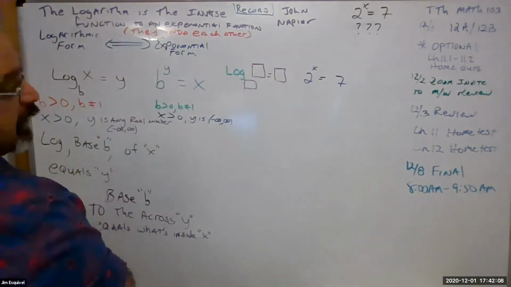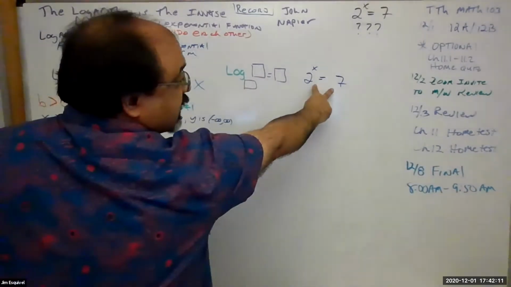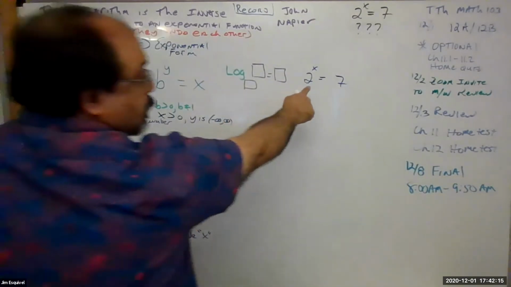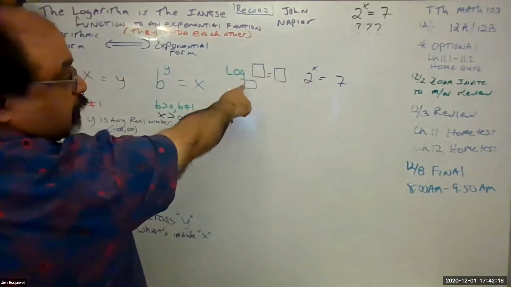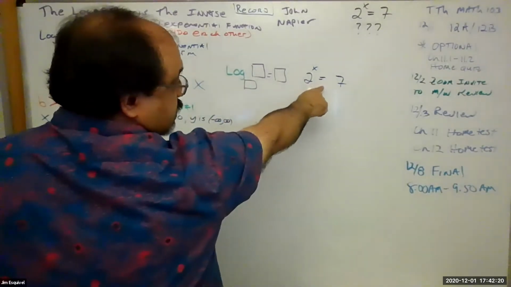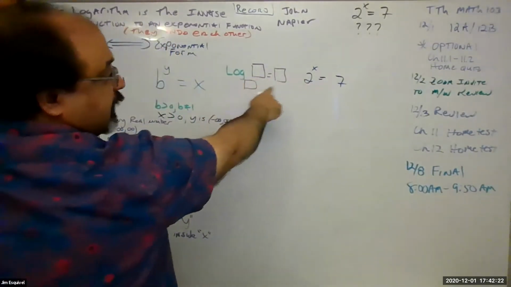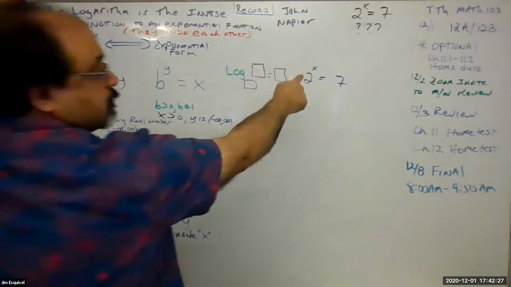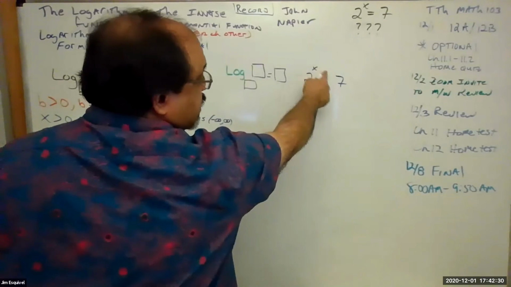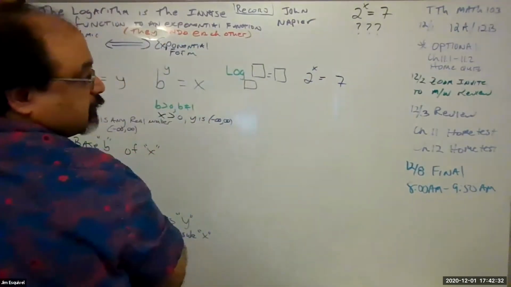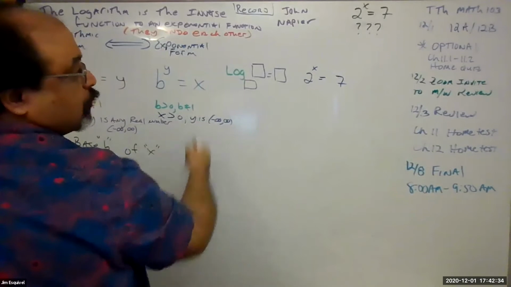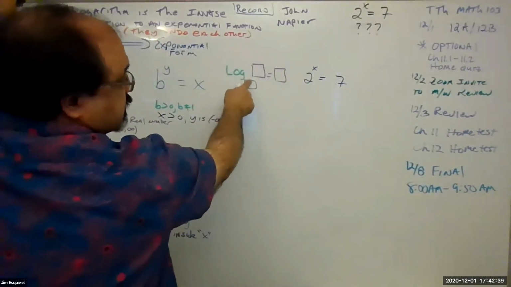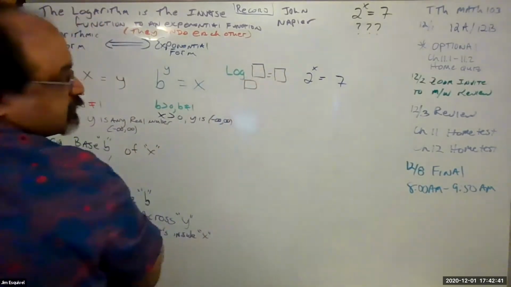You have to fill in those 3 blanks when you want to convert that exponent form back into a logarithm. Somebody converted my logarithm into an exponent. In other words, somebody already did base to the across equals what's inside. So where is that 2 going to go over here? Is it the base, is it the inside, or is it the across?